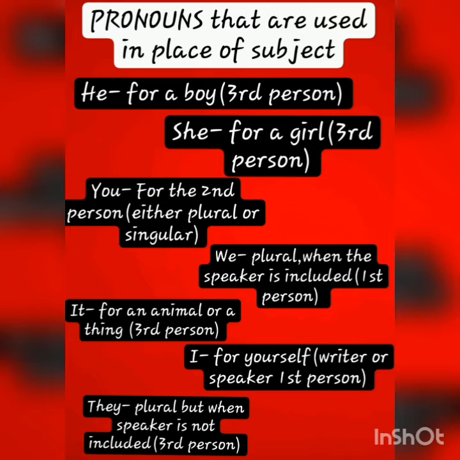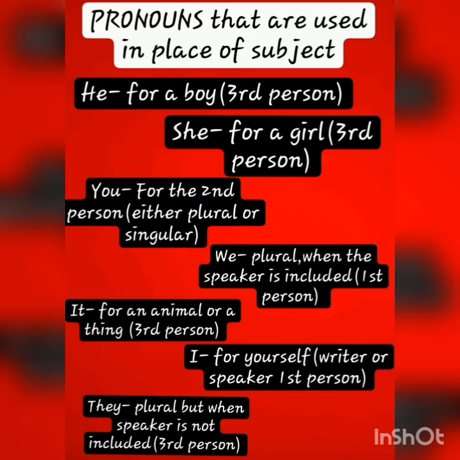At that time, Simran will become the third person for you and you will simply use she for her. Like, Simran is a cute girl. So you can simply say, she is a cute girl. This is how you need to use pronouns in your daily life. And one more thing about pronouns that are used in place of subject: these pronouns are always used at the start of sentences.